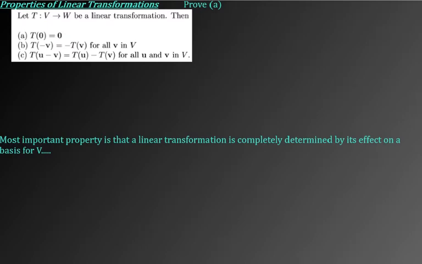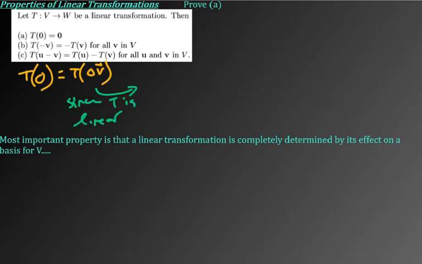So to prove A, you can do it pretty quick. T of the 0 vector is equal to T of 0 times v, just by properties of vector spaces. Then, since T is linear, scalars can be pulled out, so that's 0 times T of v.